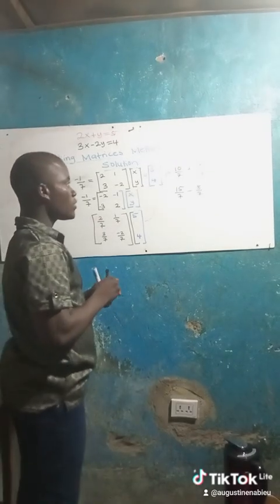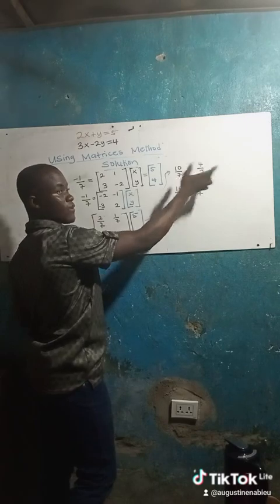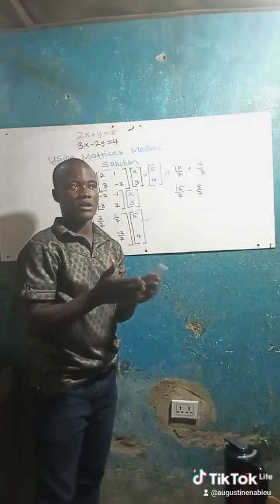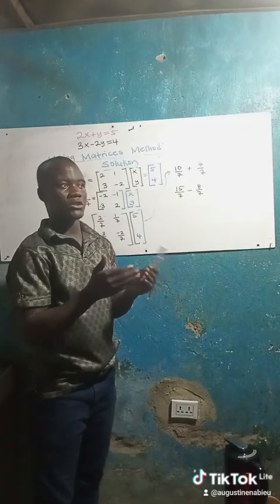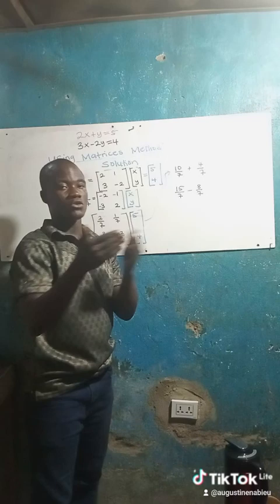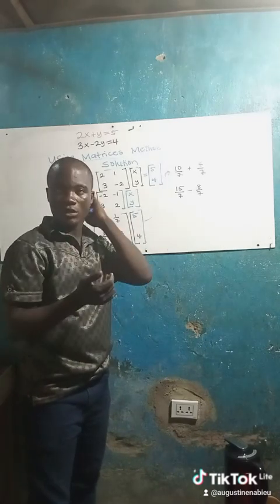The next thing we need to understand is what we call like fractions. Like fractions are fractions that have the same denominators. Once fractions have the same denominator, we just add or subtract the numerators and keep one of the denominators.